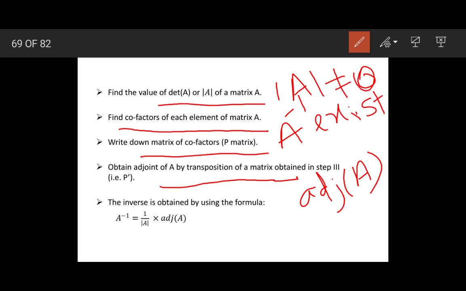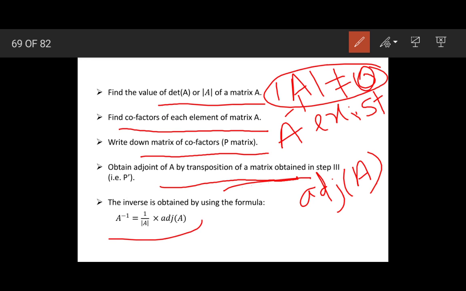First step, find the determinant of A and check whether it is not equal to 0 or not. Second step, find the cofactors of each element of matrix A. Third step, write down the cofactor matrix, that means P matrix. Then fourth step, find the adjoint of matrix A, that means write the transpose of the P matrix, the transpose of the cofactor matrix.